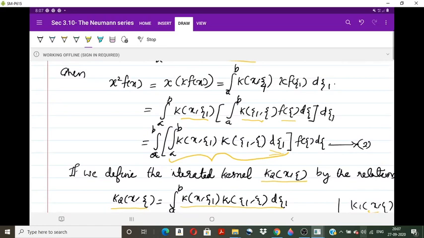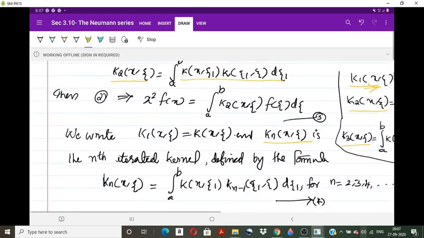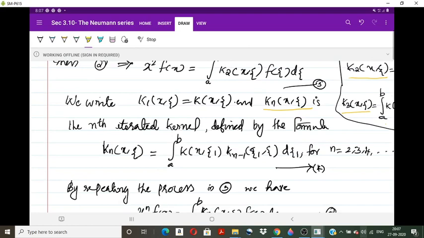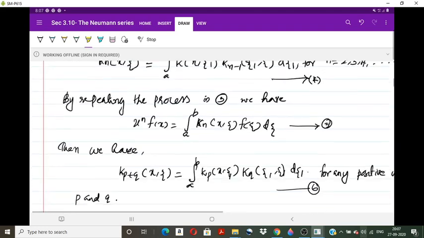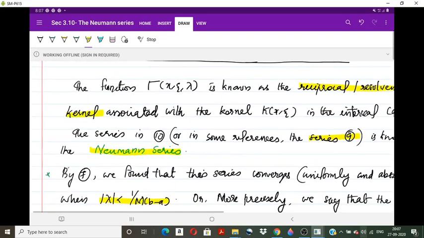Using the integral operator kappa, we defined the iterated kernels K1, K2, etc., Kn, and using these kernels, we have formulated a series known as the resolvent kernel or reciprocal kernel, and using that, we have obtained the solution in terms of the Neumann series, which converges absolutely and uniformly when mod lambda is less than 1 by M into (b minus a), or more precisely when mod lambda is less than mod lambda 1, which is the smallest characteristic number.